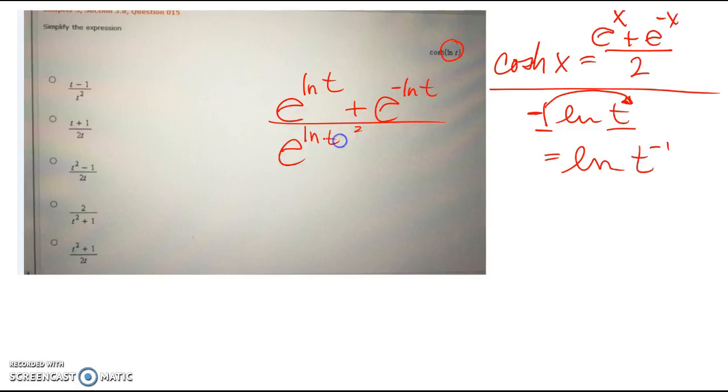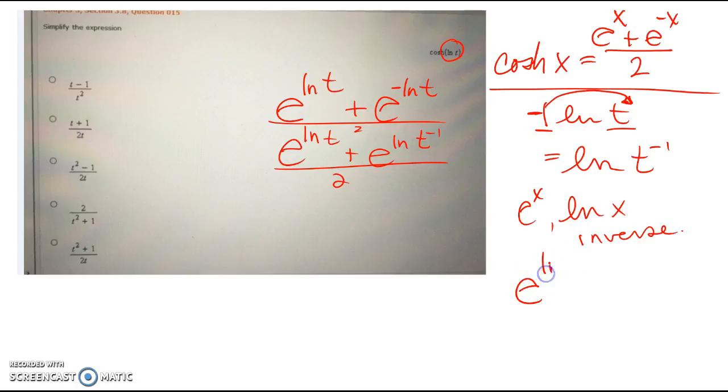So e to the natural log of t plus e to the natural log of t to the minus 1, all over 2. The other thing to remember is that e to the x and natural log of x are inverse functions. So they undo each other. So e to the natural log of t, since these undo each other, is actually t.